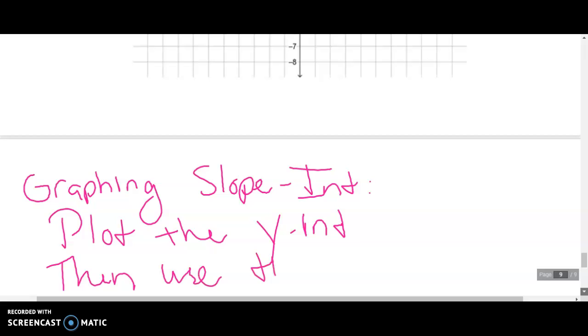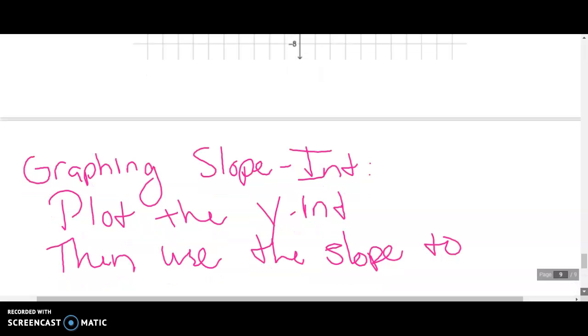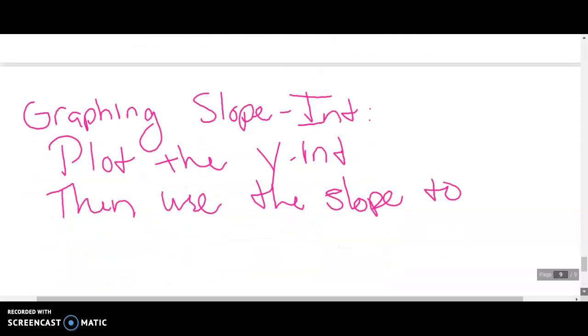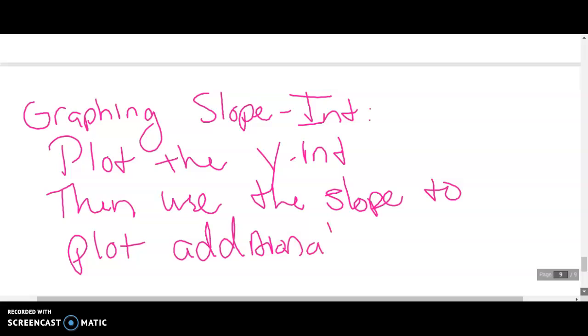Then use the slope to plot additional point or points.